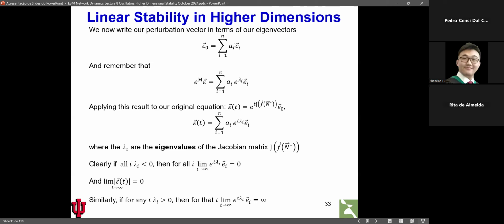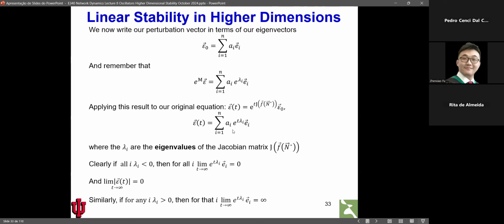So we are going to have here EI, right? And then remember e to the M is going to be like that. Apply the results to our original equations, which were T times the Jacobian of the vectorial function f. Then what you have is something like that.